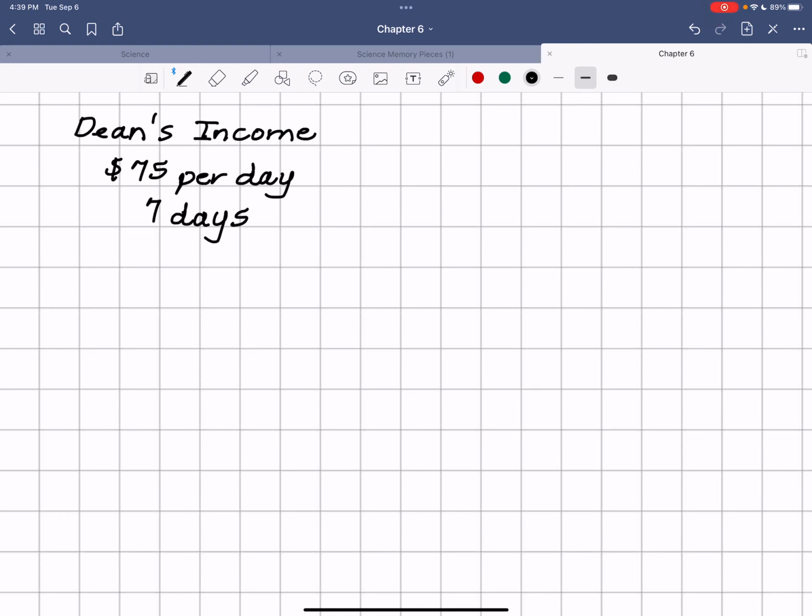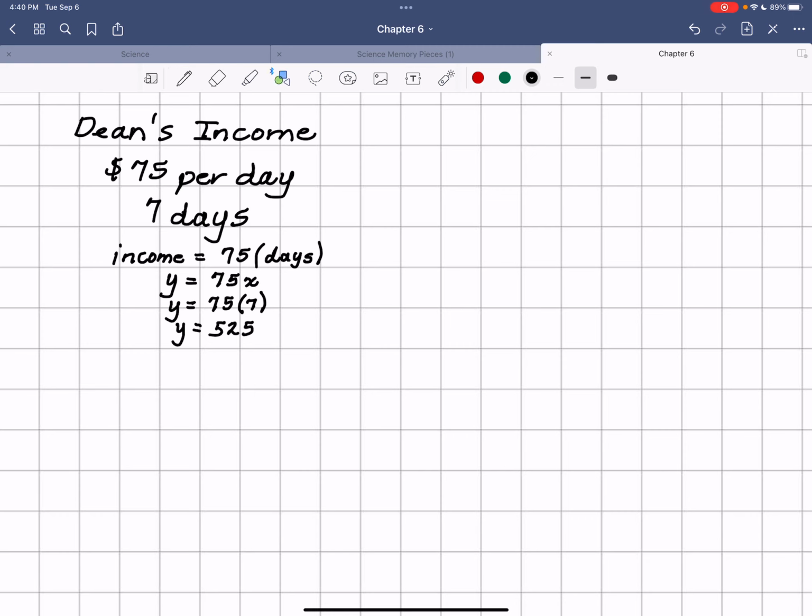I can say that his income equals 75 times the number of days that he works. So y equals 75x. And when x is 7 days, his income is going to be 75 times 7, $525 for 7 days.